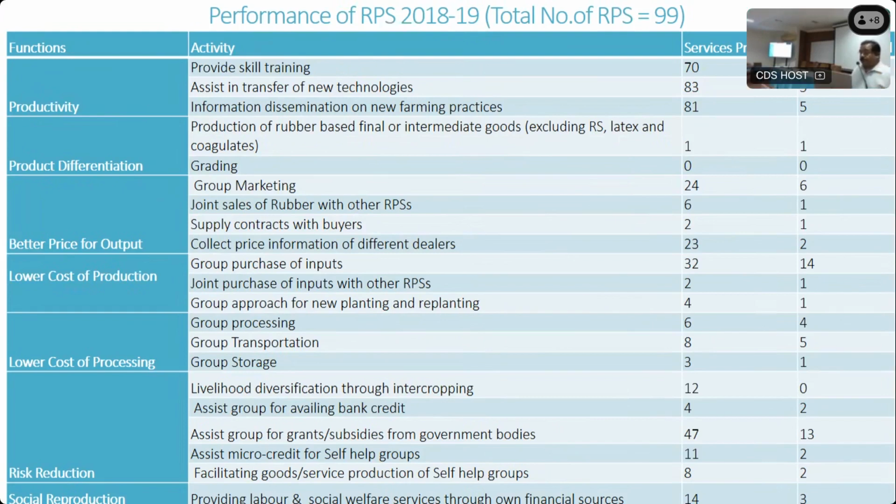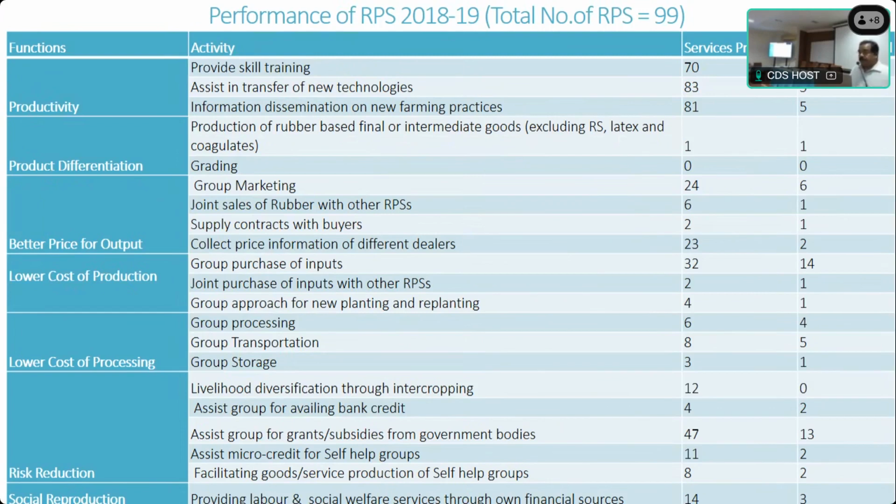But if you look at the rest of them, such as product differentiation, better price per output, lower cost of production, lower cost of processing, risk reduction, and social reproduction, you find there is a sharp drop in the number of RPSs that have taken up any activity at all. It's only in the productivity-related activities that the RPS seems to have taken an active interest.